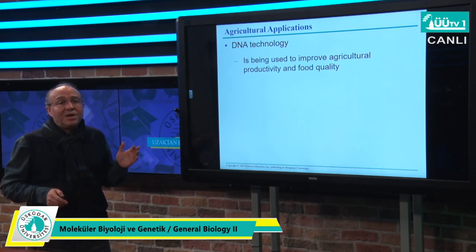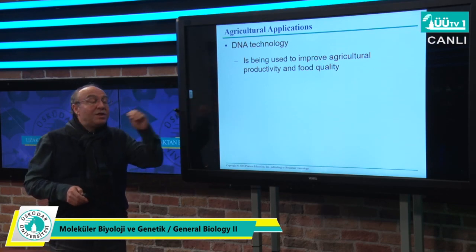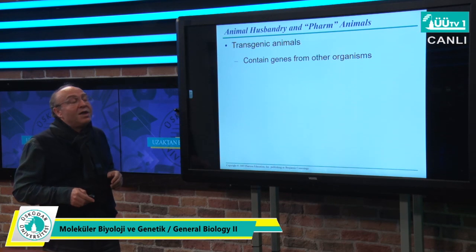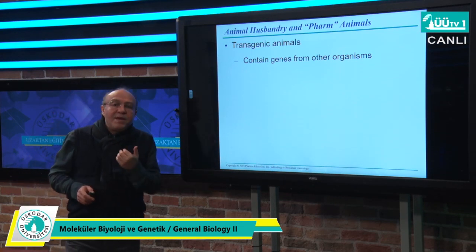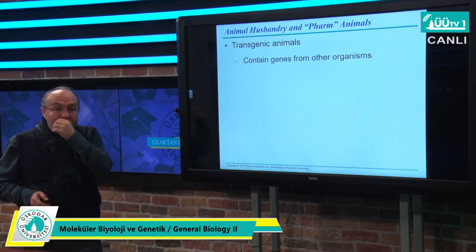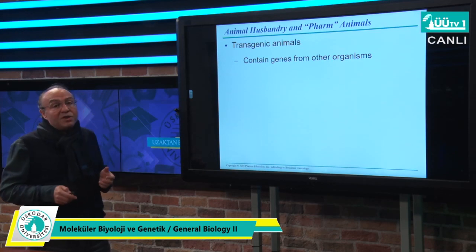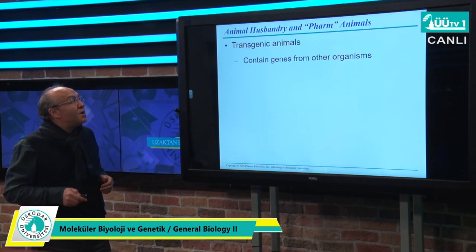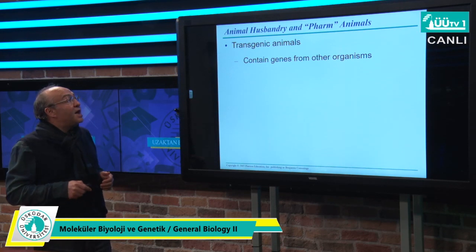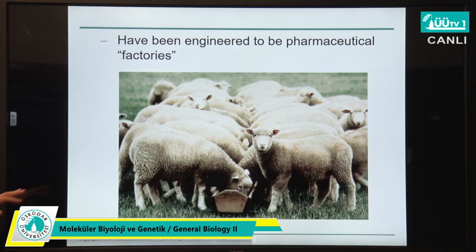By using DNA technology, we can produce pesticide resistant and insect resistant plants, and we can get much more crop from the plants. And we are using transgenic animals, and by using these animals we are getting lots of things.